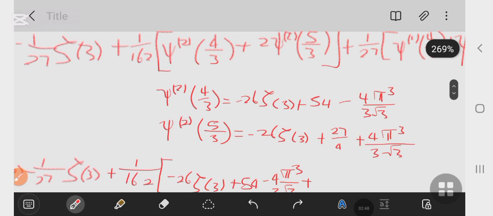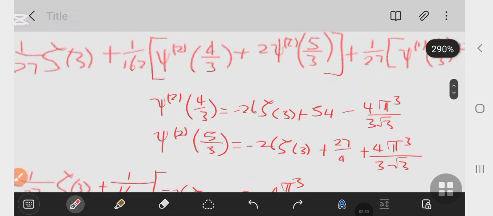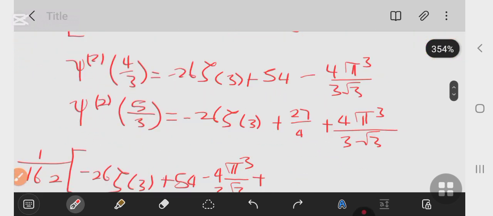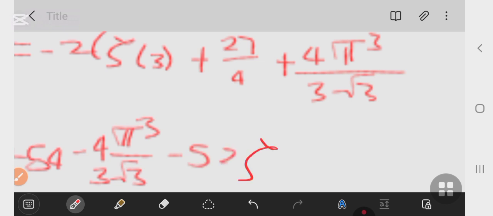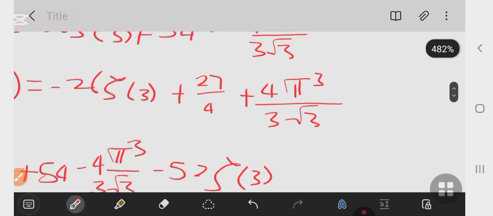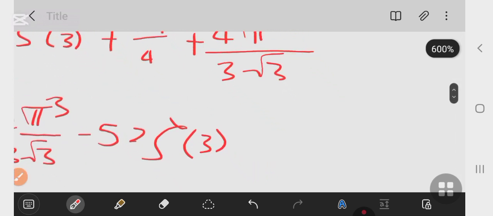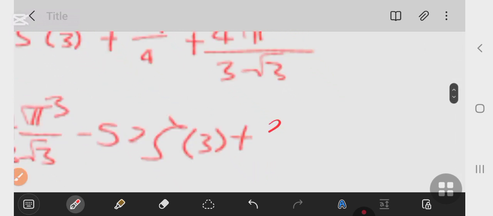trigamma 5 over 3. Now when 2 multiplies minus 26 zeta 3, I'll have minus 52 zeta 3. Then when 2 multiplies 27 over 4, I have plus 27 over 2.